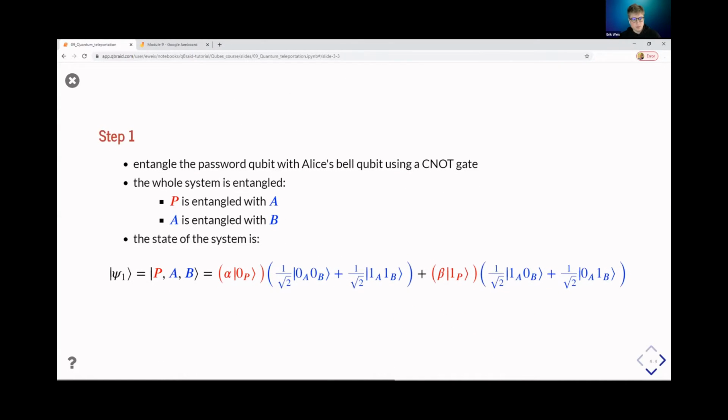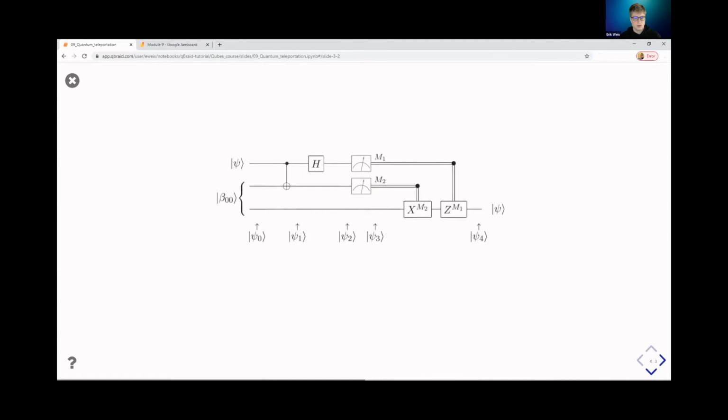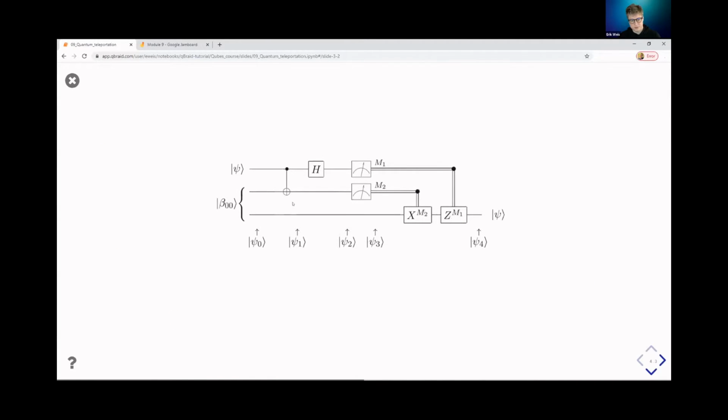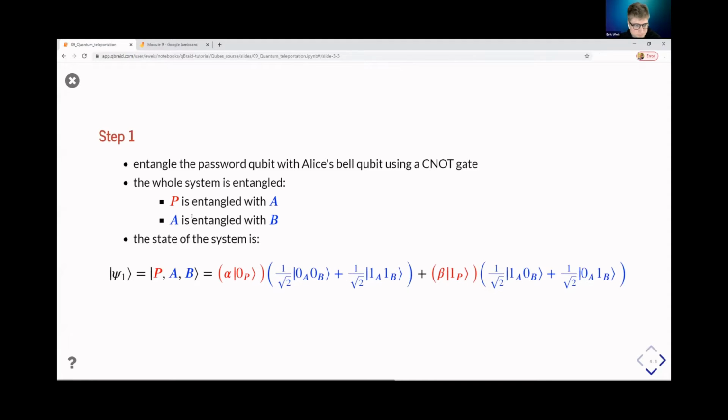Now, step 1. We're going to apply a CNOT, and this is the description of CNOT. Depending on the value of psi, we're going to do something to Alice's Bell qubit. In the case that the password qubit is 0, and it could be any superposition, so there's going to be a superposition here, there's no action on the Bell state.